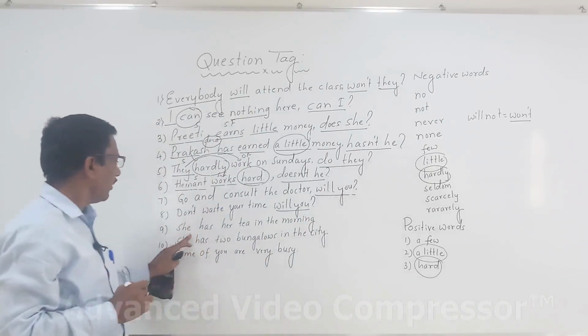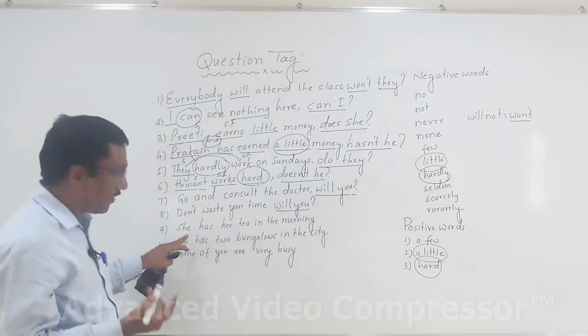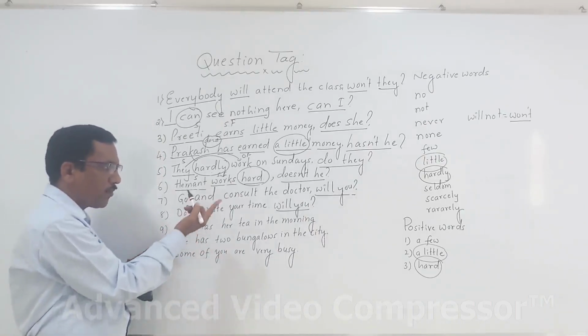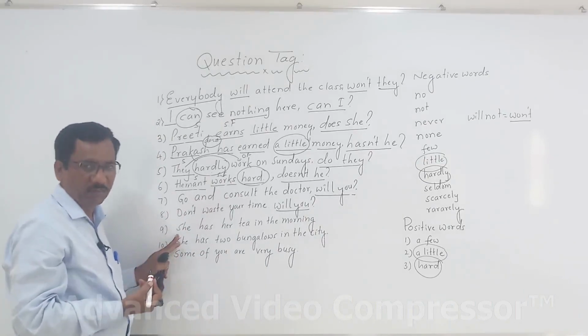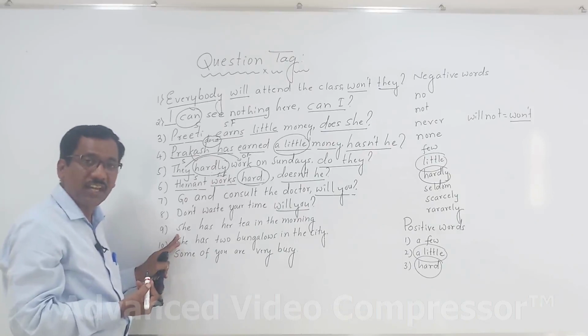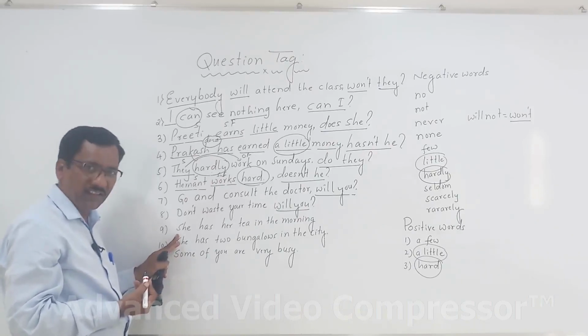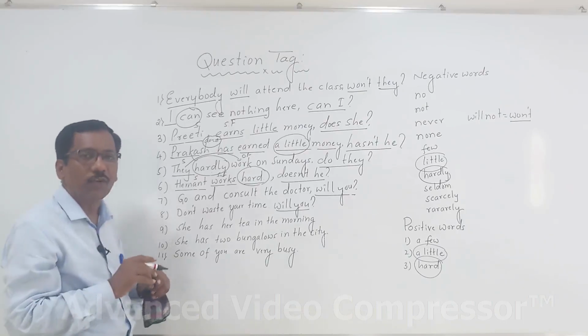Next example, she has her tea in the morning. See the sentence clearly. She has her tea in the morning. It shows the habitual action. It doesn't indicate possession. It indicates, I told you, habitual action of a person.